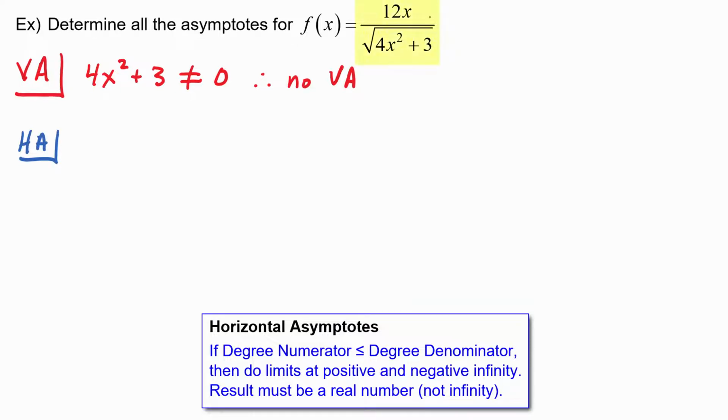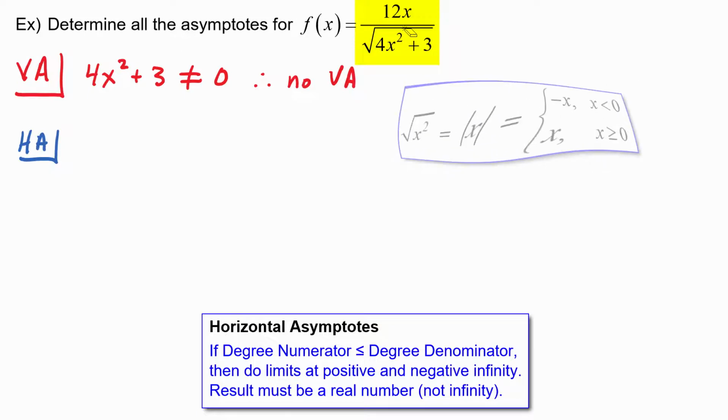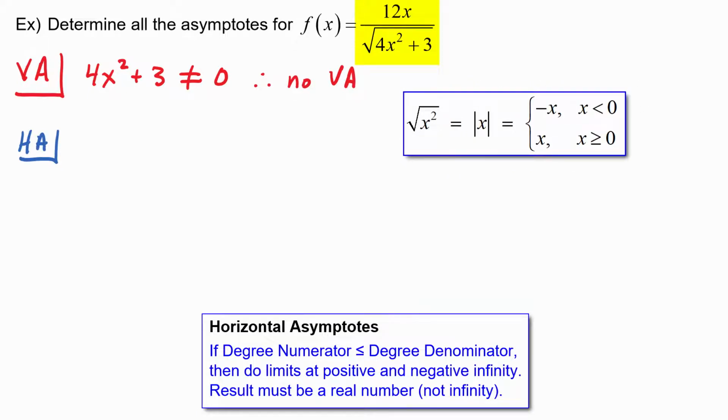In this case, the degree of the numerator is 1, and the degree of the denominator is the square root of x squared, which we know is absolute value of x, which is either negative x or x, whose degree is 1. So effectively, the degree of the denominator is 1, which is the same as the degree of the numerator.